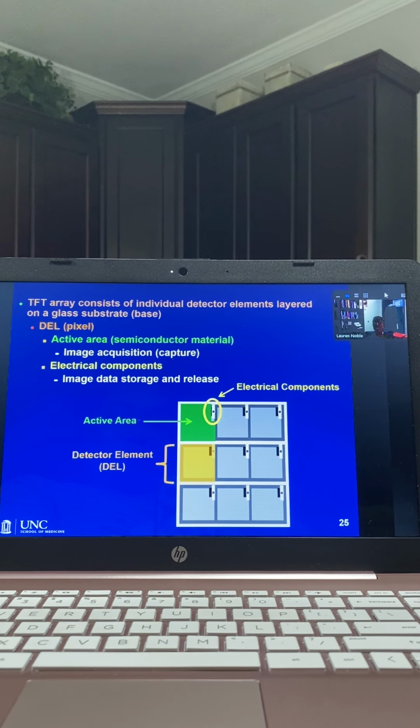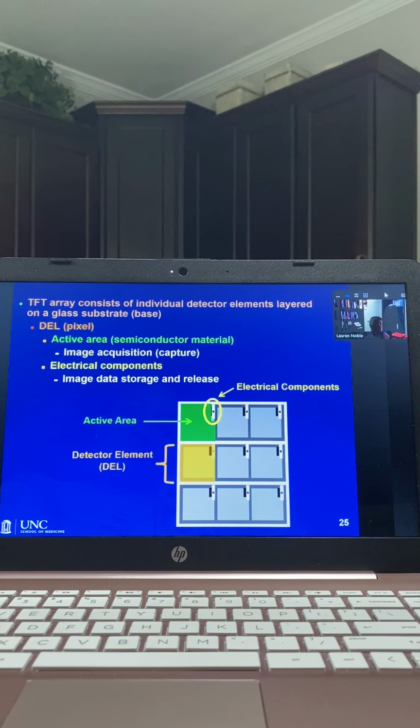And then on top of those electronics, you have an active area or semiconductor material. And that active area, that's what you see outlined in green here. That is the semiconductor material, and its role is to capture the image. So the X-rays will interact with that semiconductor material.